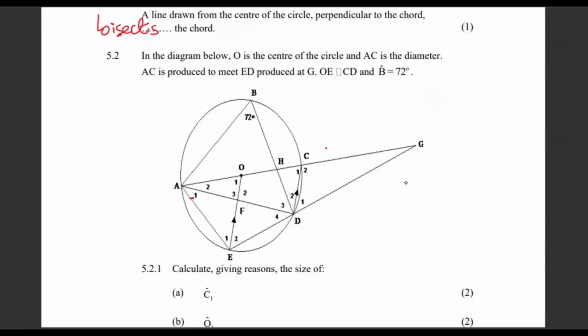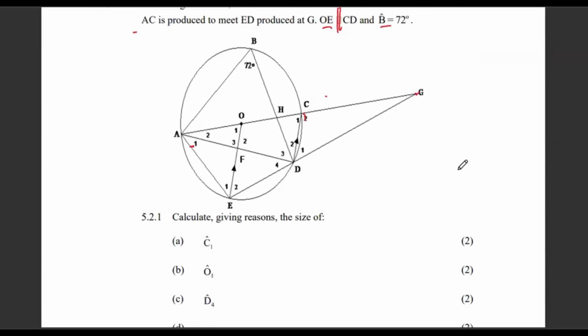AC is produced to meet ED at point G. And then OE is parallel to CD. And then B is a 72. Okay, so I think we have what is being given to us.